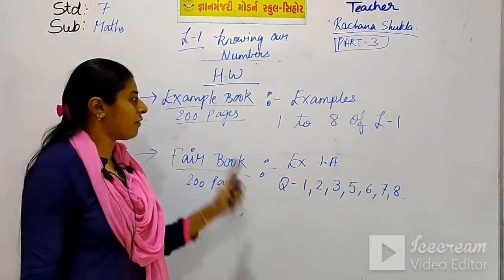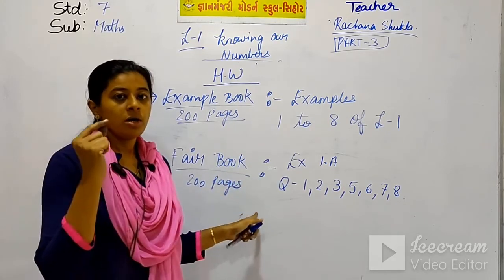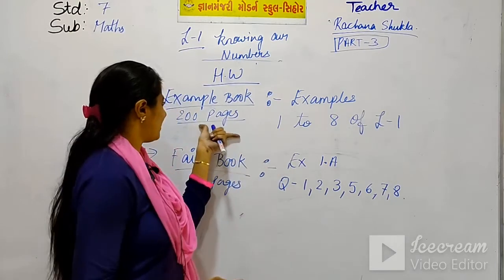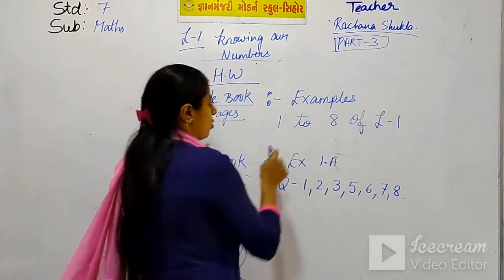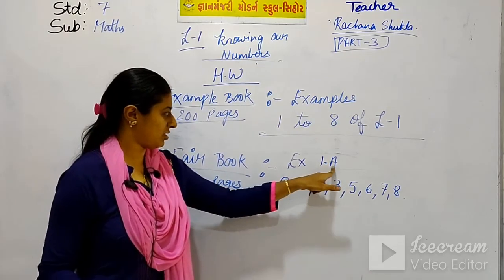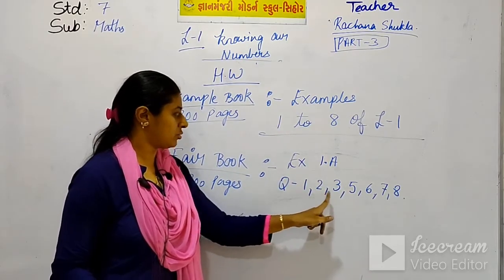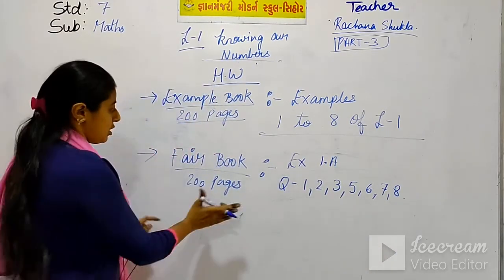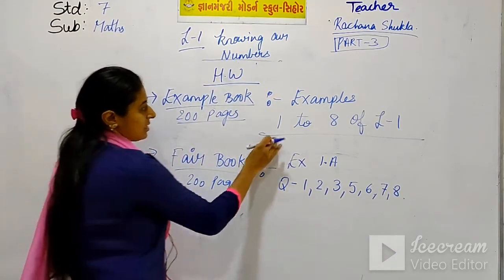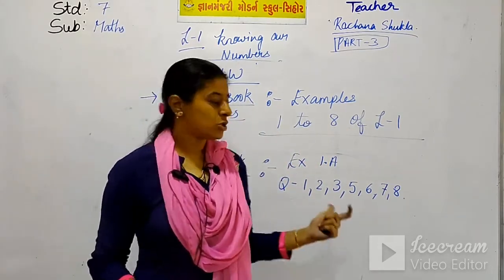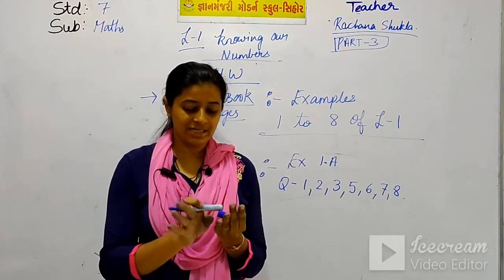So what is your homework for your fair book? You have to do homework in both the books, in separate books, that is example book, this homework, and in fair book, this homework. Exercise 1A, question 1, 2, 3, 5, 6, 7, 8. Whole exercise in your fair book and these examples in your example book. Two separate books. So start doing from today itself.